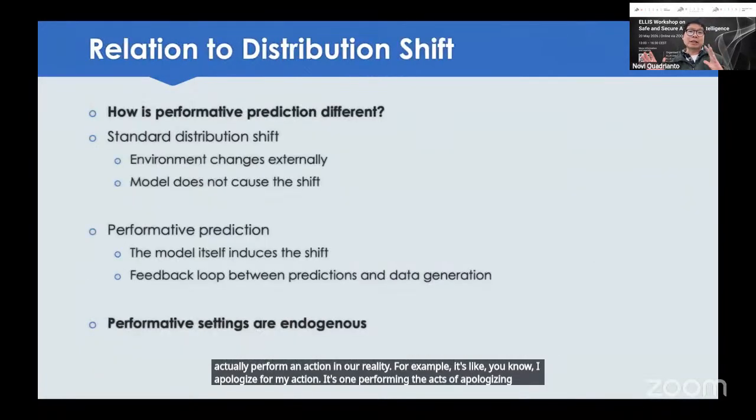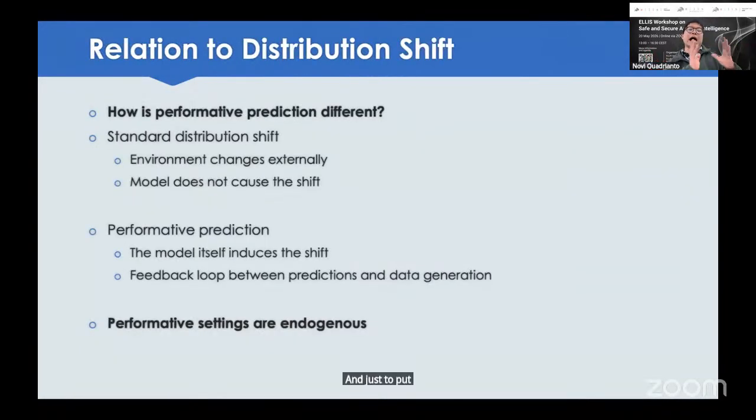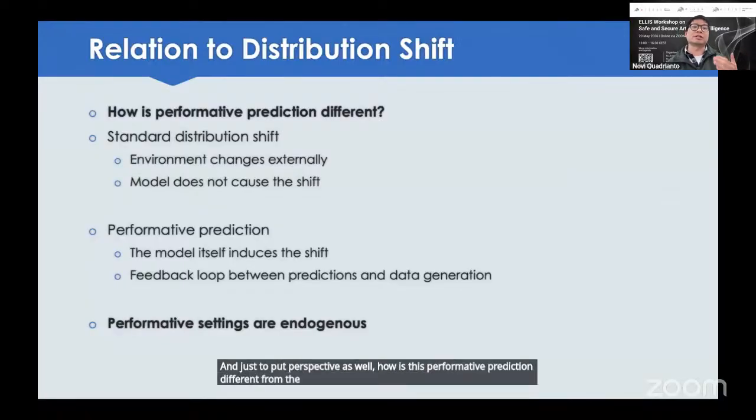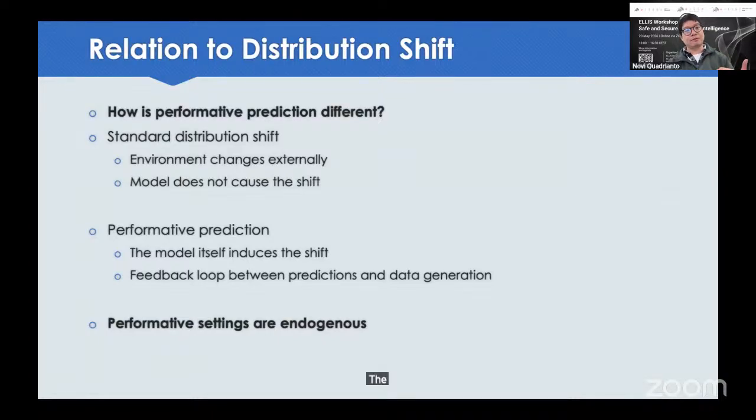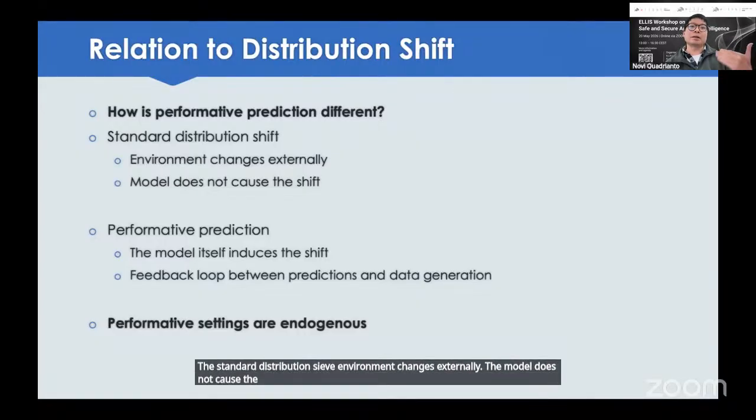And just to put it in perspective, how is performative prediction different from the standard distribution shift? In standard distribution shift, the environment changes externally. The model does not cause the shift. You train the model on a European population, and you want to deploy it to the Asian population or the African population.